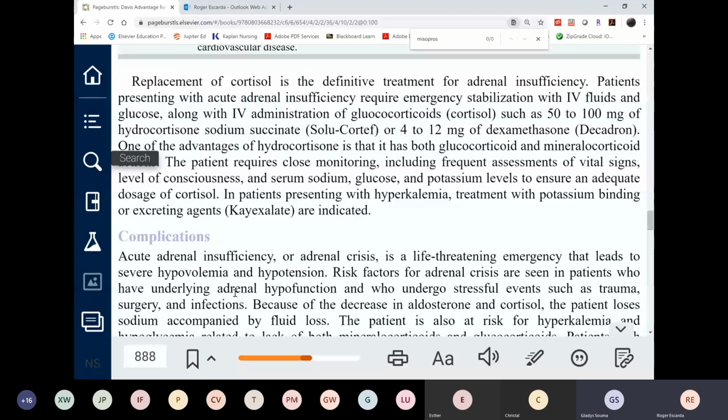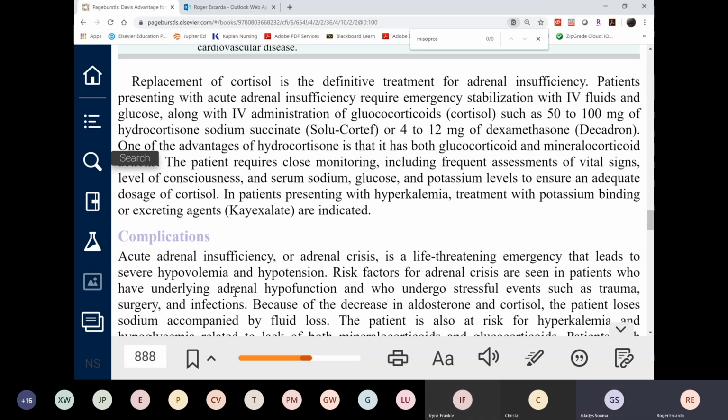So since you have a deficiency in the hormones, if you compare this to hypothyroidism, what do you think will be the treatment? In hypothyroidism, which was another endocrine disorder, how did we treat it? Hormonal treatment. Okay, simply replace the hormone, right?